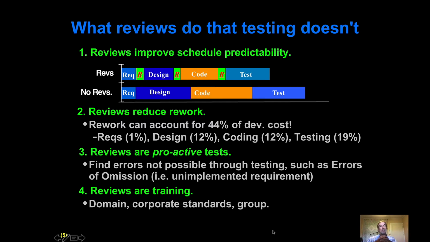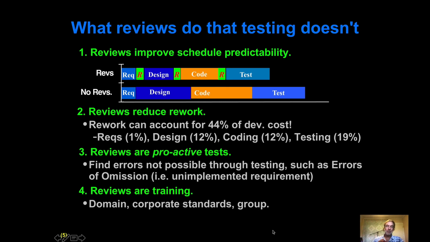It turns out that when you insert reviews into the process, so after the requirements phase, you do a review and you find errors in your requirements and you fix them during the requirements phase. And then you do a design of your system and you do a review. Because the requirements have been assessed and problems removed, the design phase is generally shorter because you're not discovering errors in your requirements during design.